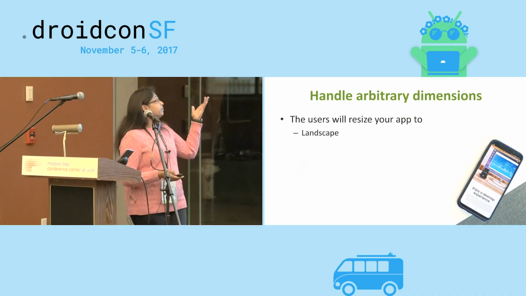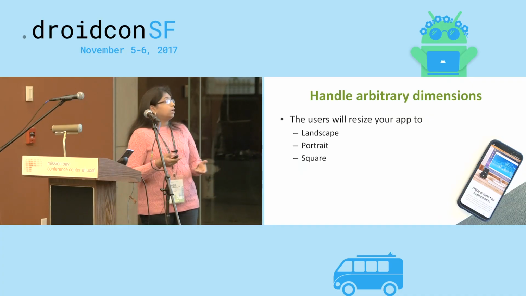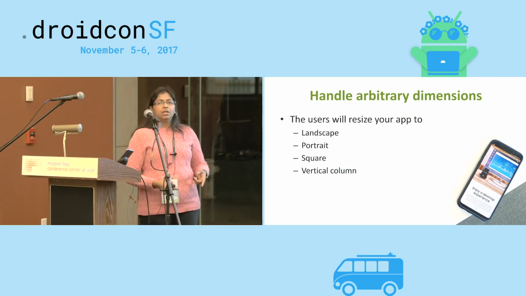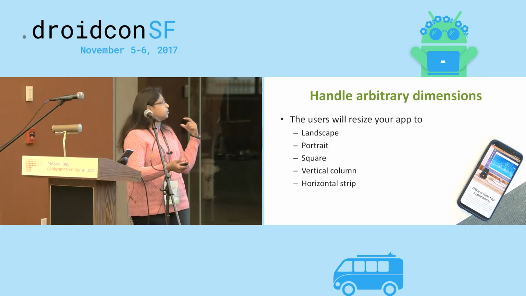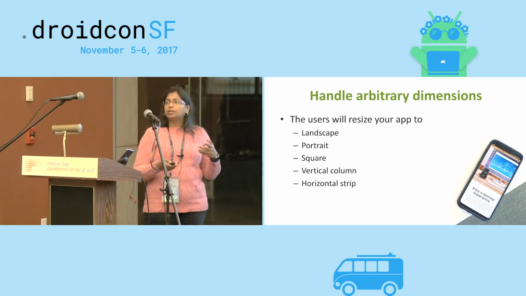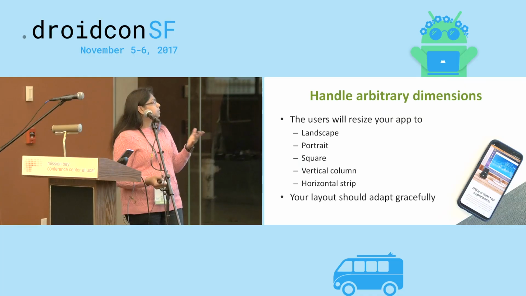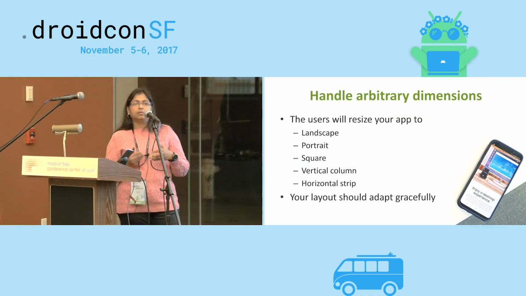At one point your application might be in landscape mode, then it can be changed to portrait mode, it can even be a square format, and the user will be able to make it into one vertical column, or a horizontal strip. So you need to consider all these things and handle arbitrary dimensions so that they adapt gracefully. That is another point: apart from providing alternative resources, these are things you need to consider.